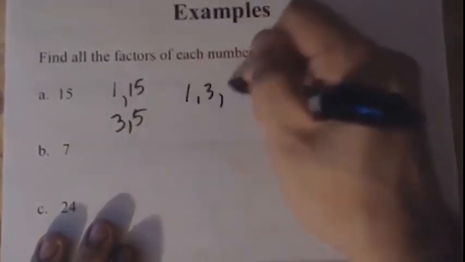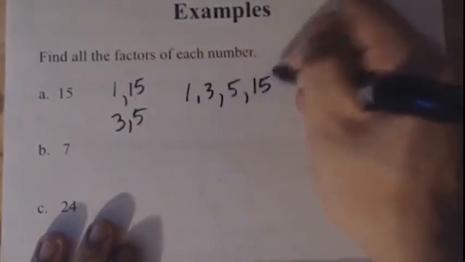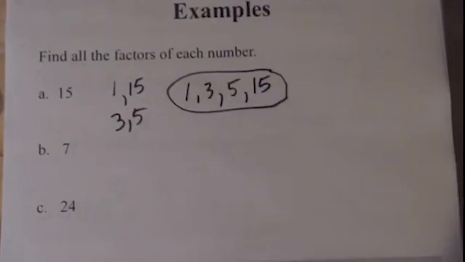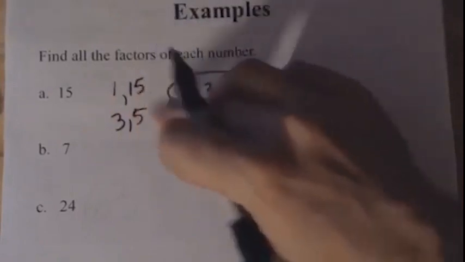So 1, 3, 5, and 15. So what I did here was start running through numbers that have something times it to give us 15. So I started with 1. 1 times 15 is 15.